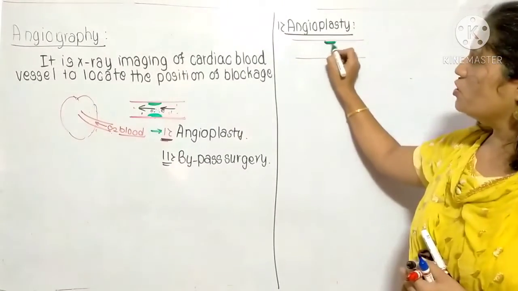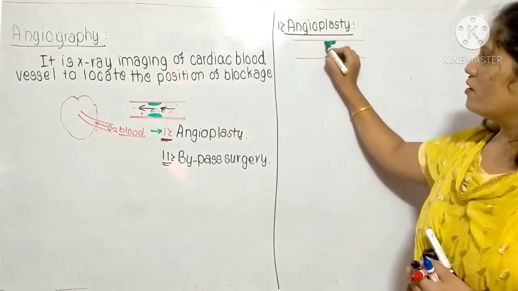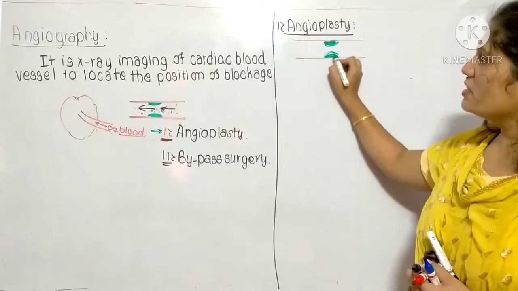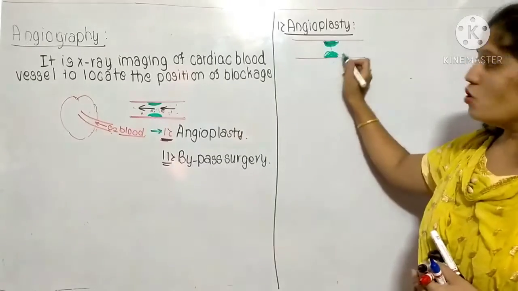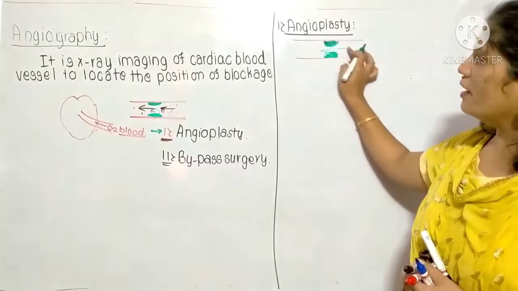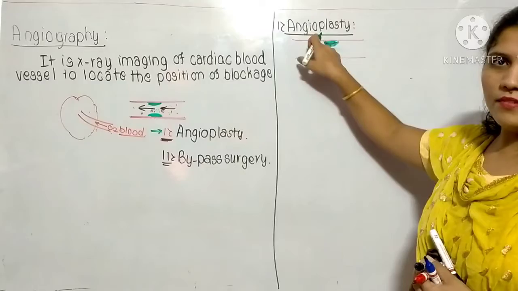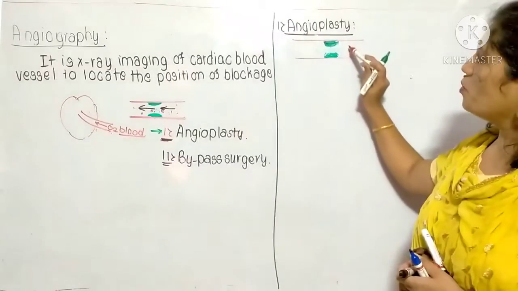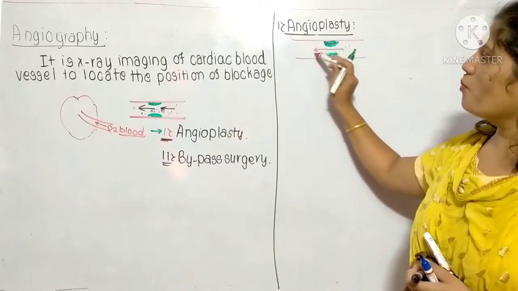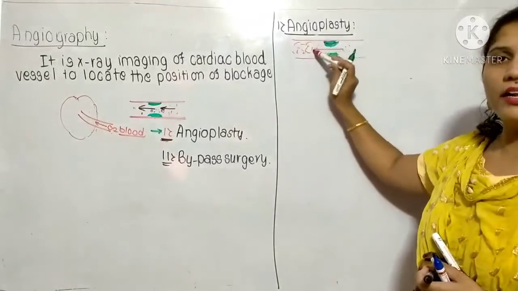Whenever there is a deposition of fats in the artery, if that deposition increases, one day there is a blockage. To prevent these blockages, the technique used is known as angioplasty. Once again, if the blood is not flowing properly, then that particular part of the body is not getting blood.